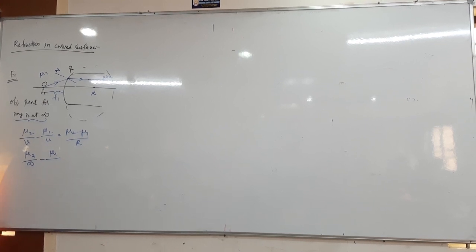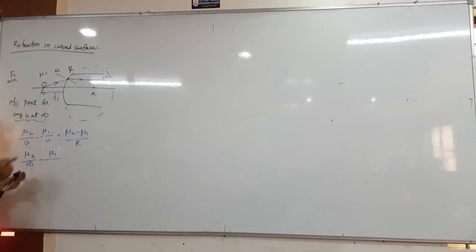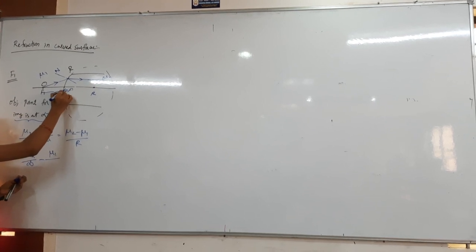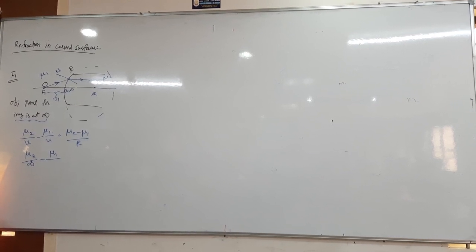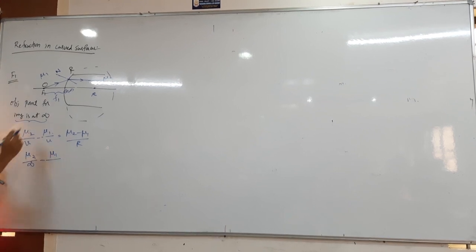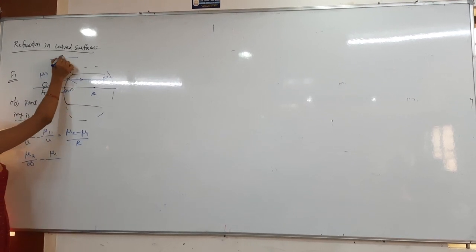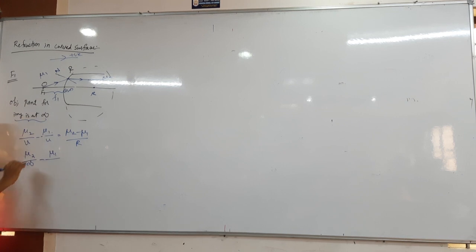Always you have to measure the distance from the pole. This is the origin. The incident ray is in which direction? Right side. So the incident ray is in this direction, so only the right side is positive. You decide that much, then everything you will get correctly.